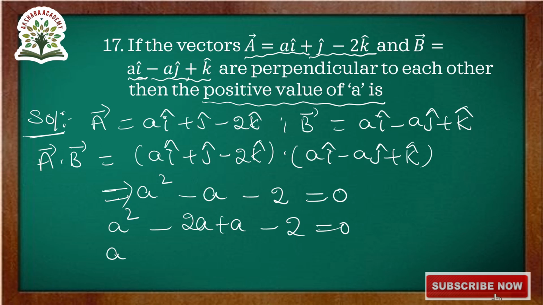Here taking a as common, a of a minus 2, plus taking 1 as common, 1 into a minus 2 is equal to 0. Here taking a minus 2 as common, a minus 2 of a plus 1 is equal to 0.